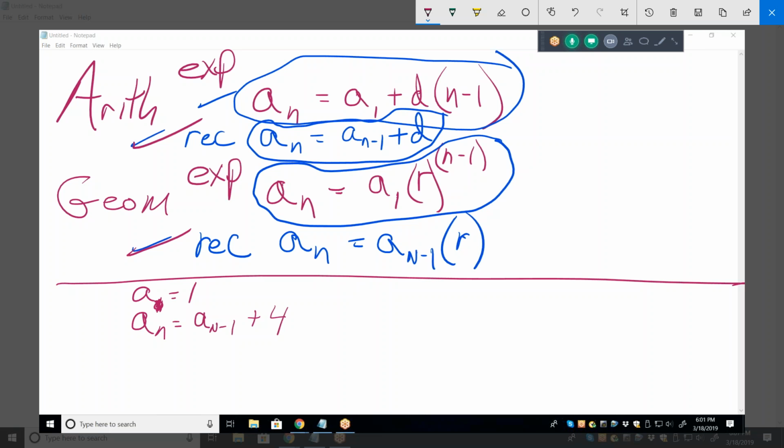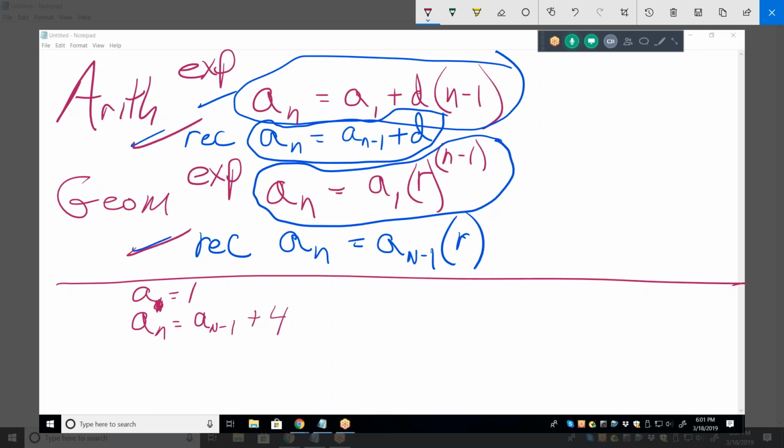A sub 0 would be the 0th term, which doesn't really exist. So I think it's important to use a sub 1 in our terminology and our definition. A sub 1 is the first term of the sequence. I believe that's what they mean when they say a sub 0. I don't know why they call it a sub 0 is my only confusion. There are other problems with a sub 1, so I don't know. And yet this one has a sub 0.